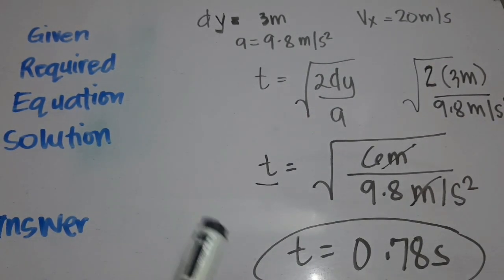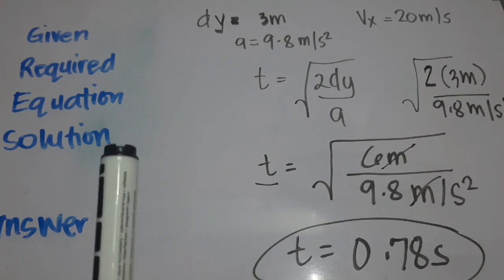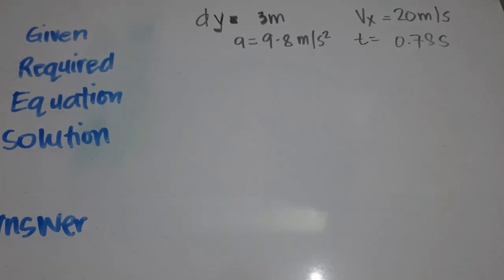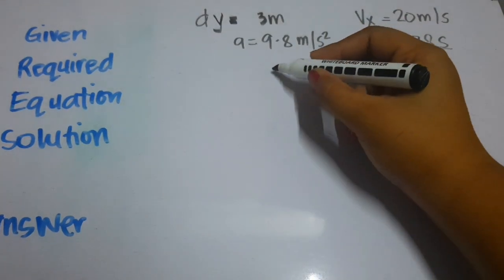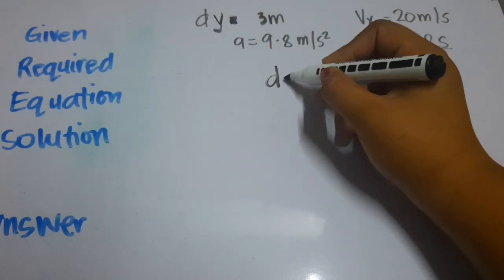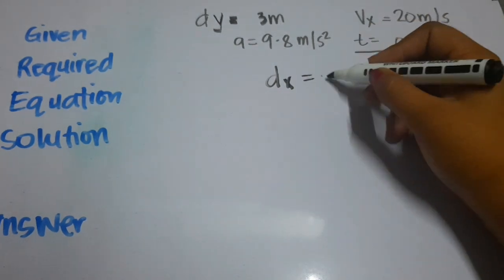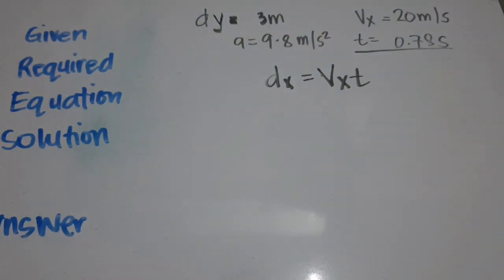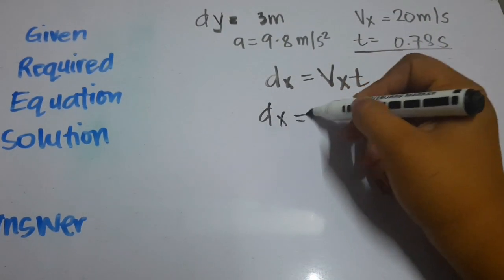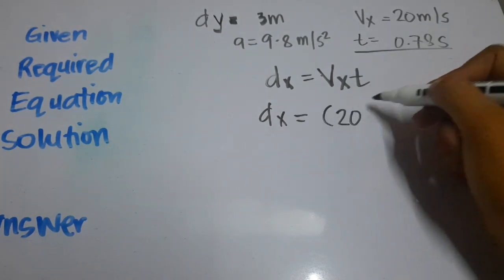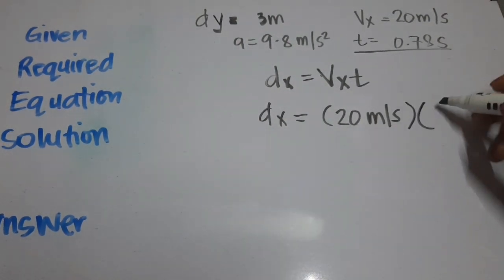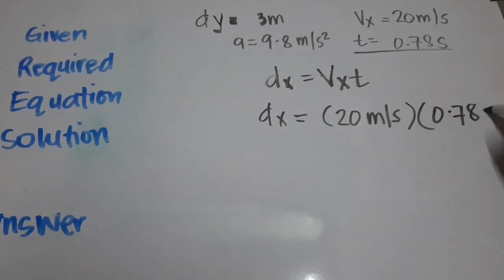This is the value for time. So since we already have time, we can now solve for the distance in x-axis or the range. This is the value of time. Our formula for the distance in x-axis is dx is equals to vx times time. Okay, so we will just multiply. Dx is equals to 20 meter per second, and time is 0.78 seconds.